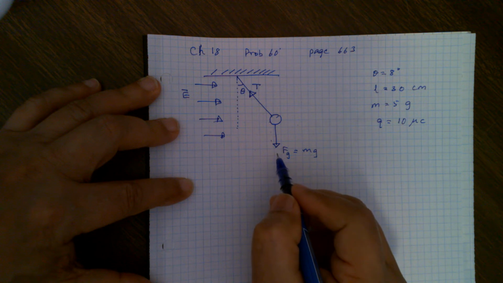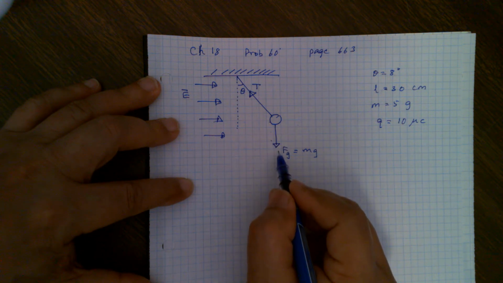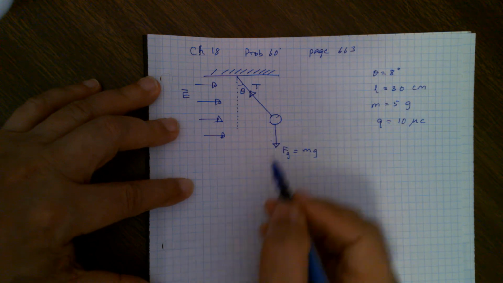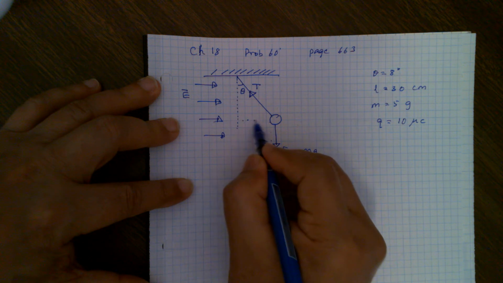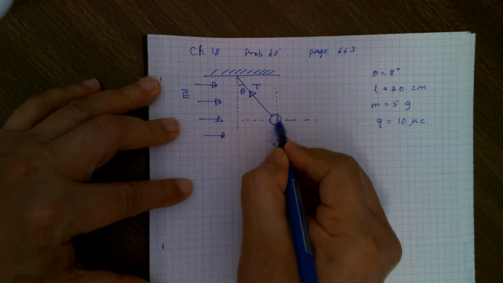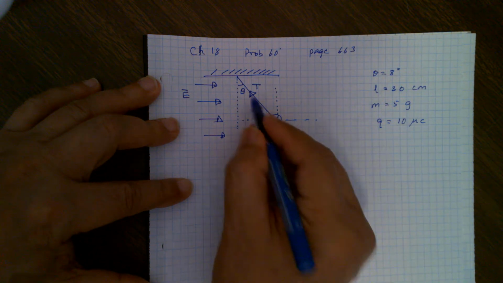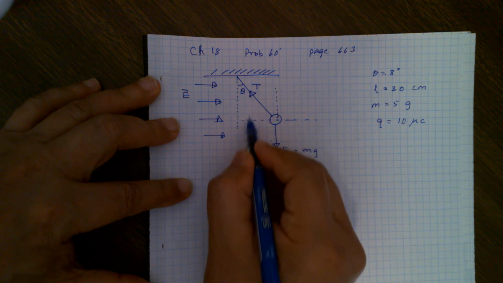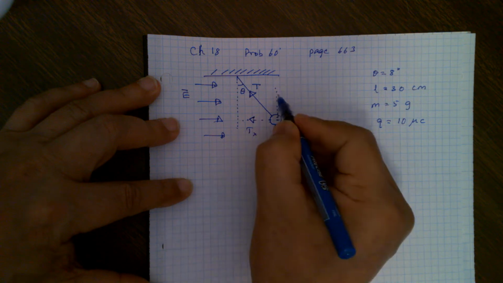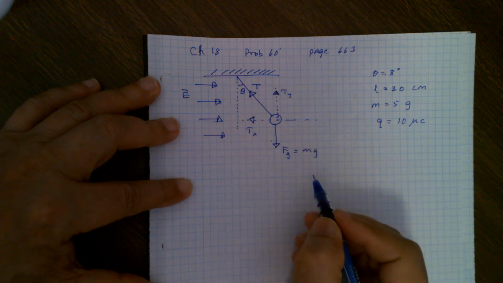But the gravitational force is already on the Y-axis, pointing down, so I don't have to decompose this mg any further. Alright, so let me draw a little coordinate system here. Now this tension I'm going to decompose into Tx and Ty.